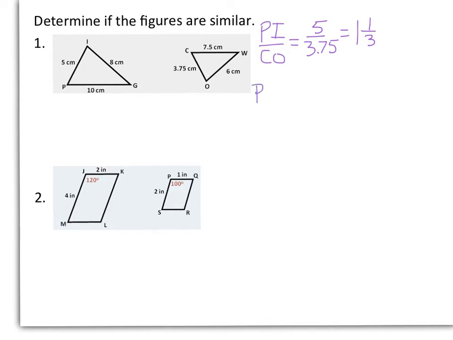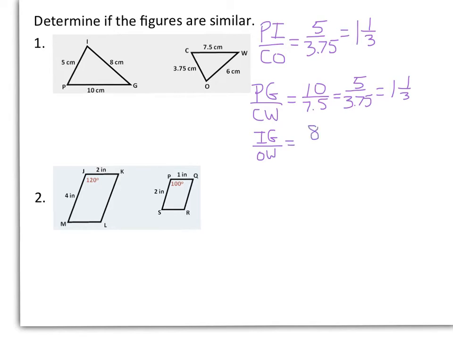We can say PG is to CW, so that's 10 is to 7.5, which reduces to 5 to 3.75 or 1 1/3. And finally, IG is to OW, so 8 is to 6, which reduces to 4/3, which is 1 1/3.